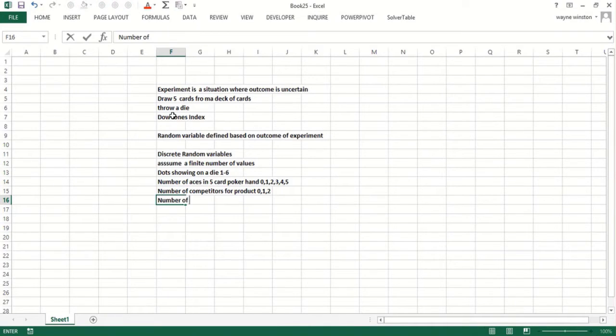Number of free throws Dwight Howard misses in a game. Maybe it's going to be 0 through, I don't know, 20. Let's hope not.